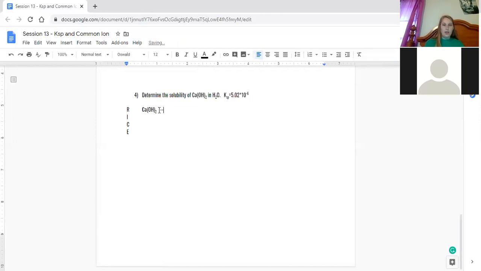And once more, this should be a double-sided arrow, but it just doesn't work very well in here. So that's going to dissociate into our Ca2+ plus 2 OH to the negative 1.